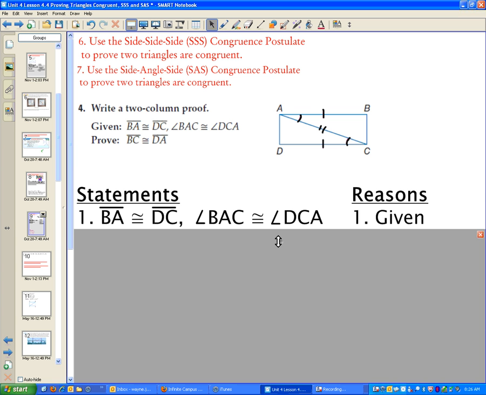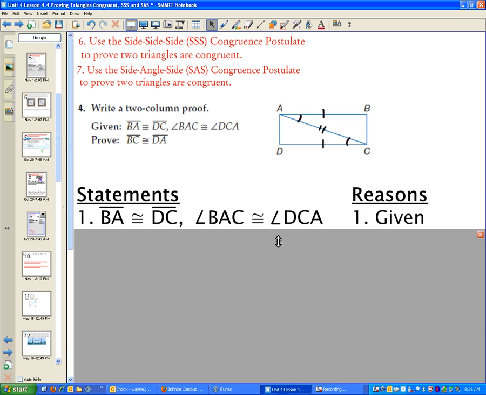The reason for both of those is given. And while you're writing that down, remember, what can you use as reasons? You can use given information, you can use postulates, you can use theorems, you can use definitions, and you can use properties. Those are the 5 things that you can use as reasons. Those are the only 5 things you can use as reasons.